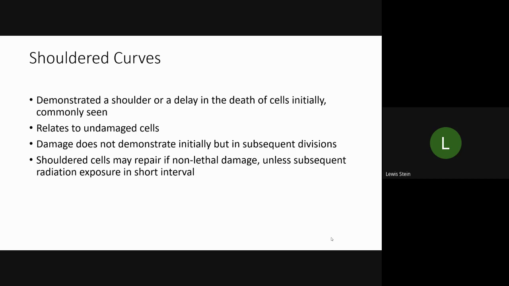It relates distinctly to the undamaged cell, and a lot of times the damage is cumulative. If it's non-lethal, they'll repair, but with interval approaches and this fractionation approach, it allows for this shoulder curve that you see so classically.